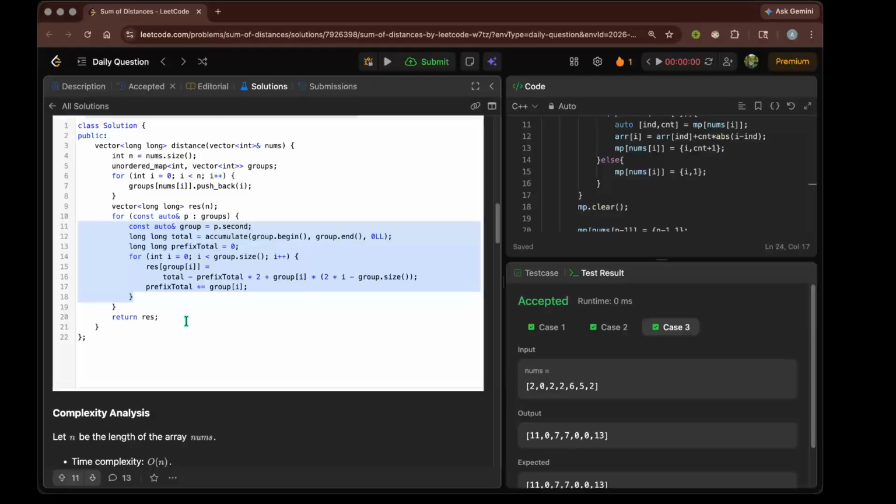The vector, I think we calculated the total, okay, and prefix total, okay, move to each. Yeah, if groups dot size is n, then it would be running for one index only, so it is running for n only.